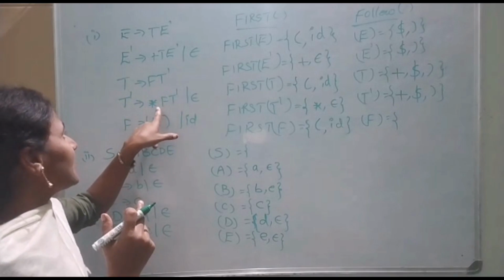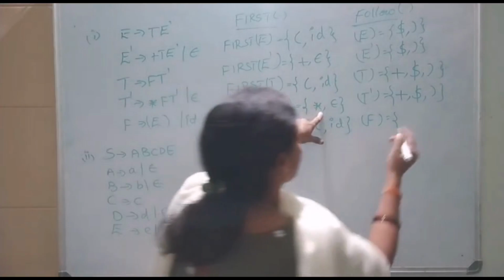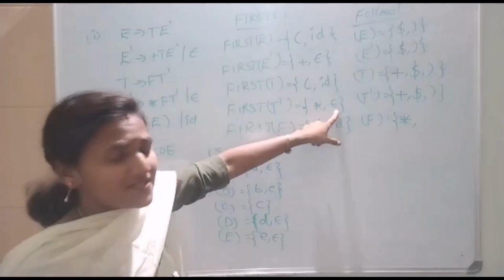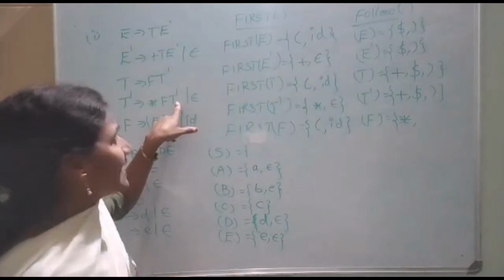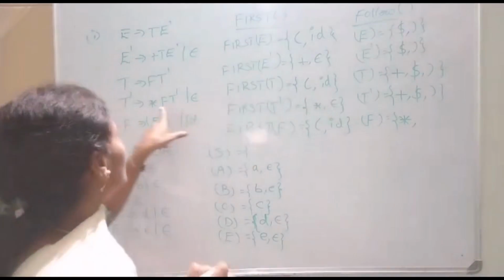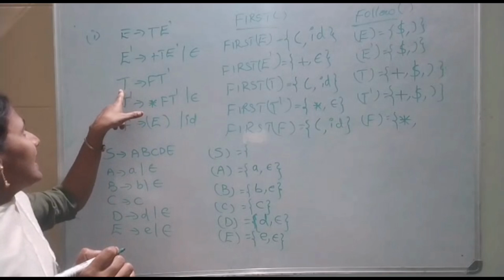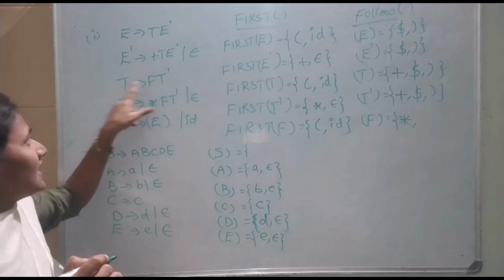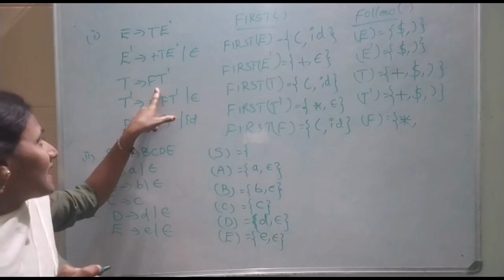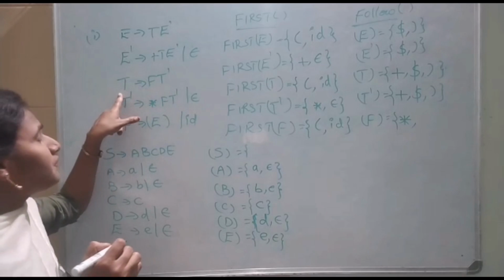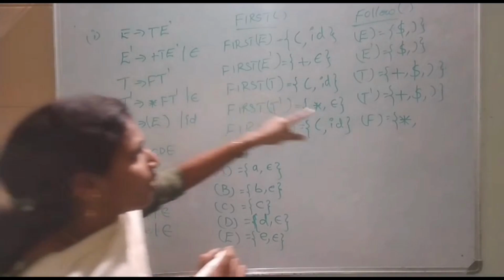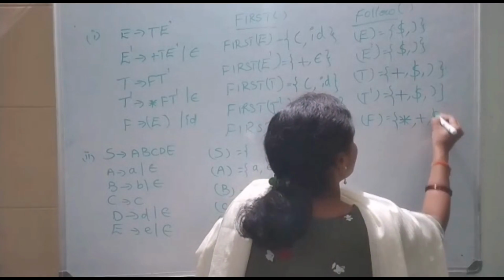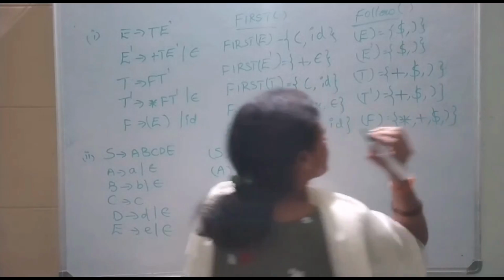What is first of T dash here? Asterisk is the one, isn't it? Now you have to replace T dash by epsilon. What will you get here? T derives F. If I replace T dash by epsilon, you will get T derives F, which means that follow of F equals follow of T. What is follow of T here? Plus, dollar and right parenthesis.